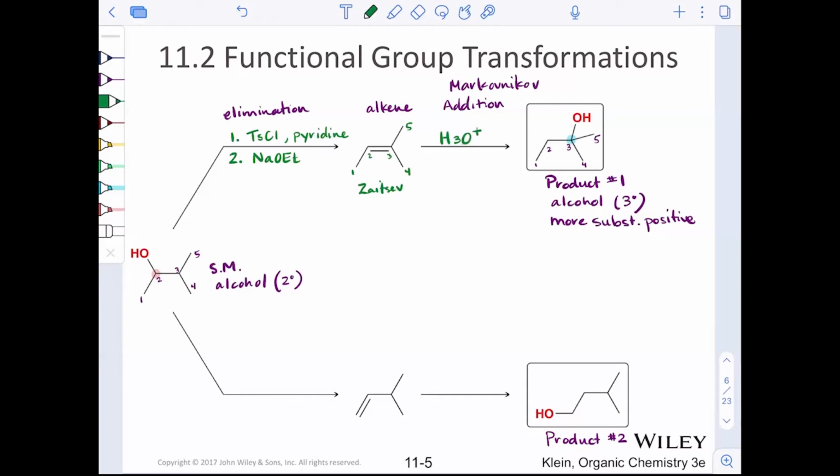Awesome. Let's pop down to our product number 2. Again, going through the alkene and finding out our product number 2 is a primary alcohol, a less substituted position.